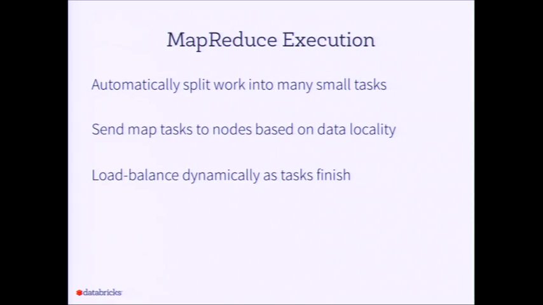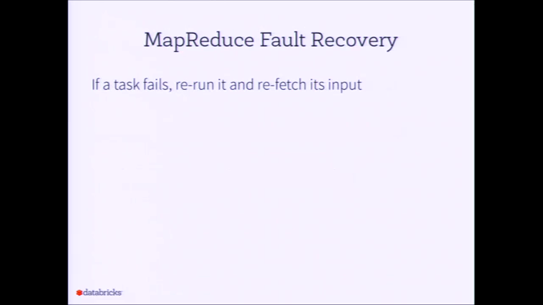For example, if you have a task that's reading block 1, the underlying framework will try its best to send that task to the node that has block 1, so you can read directly from the local node rather than reading it through the network. Back then, the network was still much slower than disk. And there are a lot of other things we do, for example, we try to balance load and mitigate stragglers.